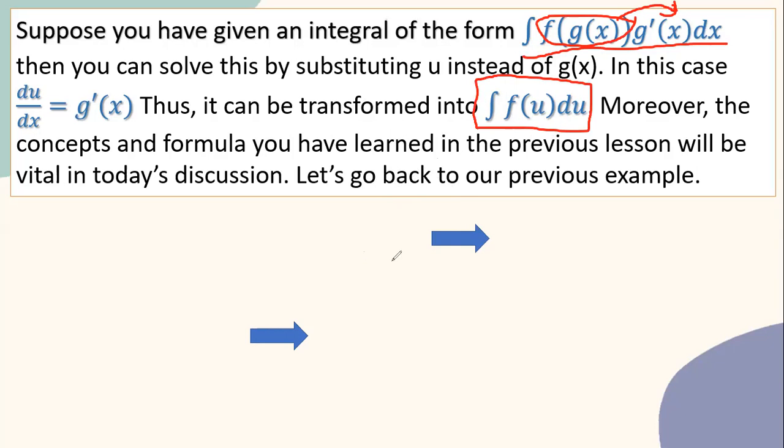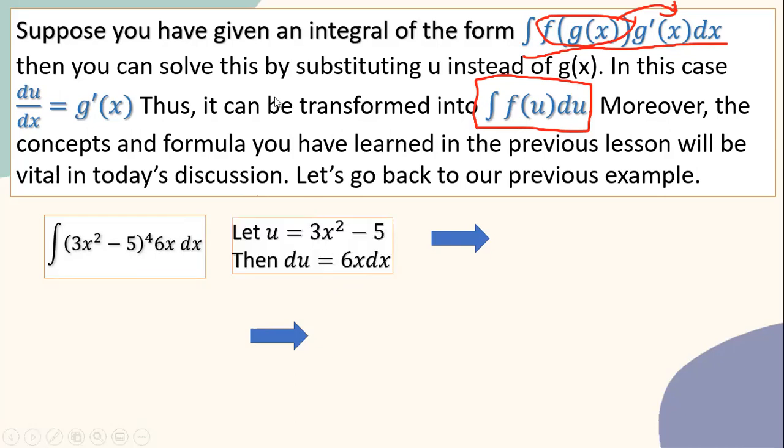So let's have our problem, yung problem natin kanina sa challenge. The integral of (3x squared minus 5) raised to the fourth times 6x dx. Ilelet natin kay u, parang ipapasok natin yung equation sa loob. Naka-raise siya sa 4, di ba? So ilelet natin kay u, so u equals 3x squared minus 5.